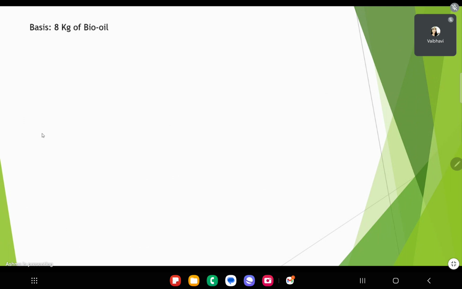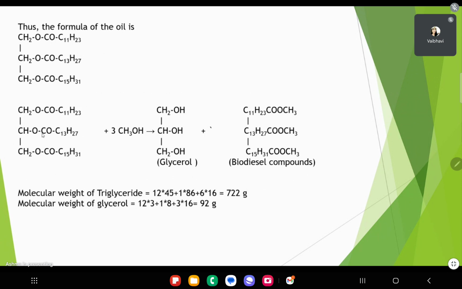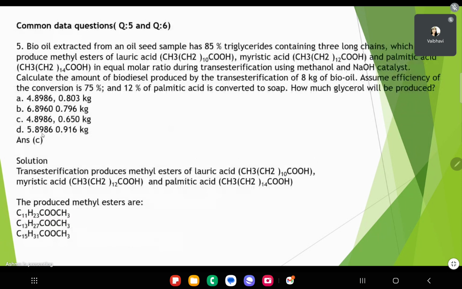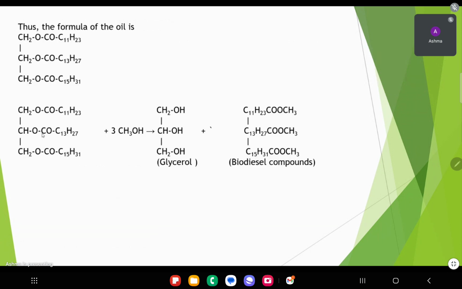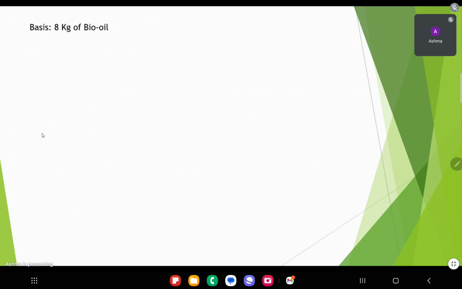Next, we have been given that 8 kg of bio oil is transesterified. So the basis is 8 kg of bio oil, and out of this 8 kg, 85% is triglyceride.